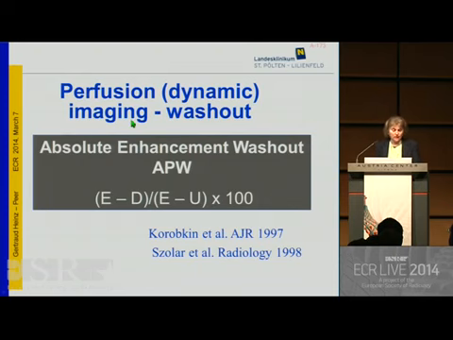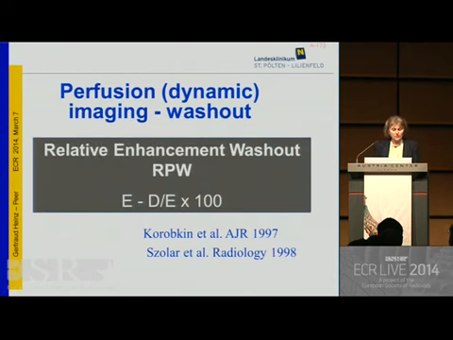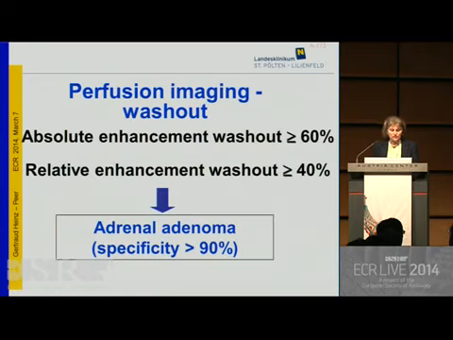Nowadays, you don't have to keep these formulas in mind, the absolute and relative percentage washout. Just Google, look for absolute and relative percentage washout, and within a few seconds you will get the formulas. You can put in these numbers, and the computer will show you the absolute and relative washout.